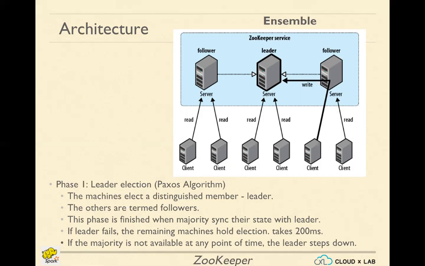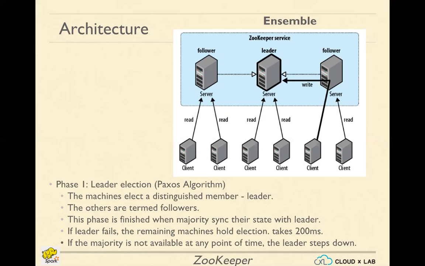Whatever Z nodes we were creating in memory, sequential nodes, this whole structure is on all the machines. So whichever machine has the latest data is generally selected as the leader. Machines elect one of the machines as the leader, and the others automatically become followers.